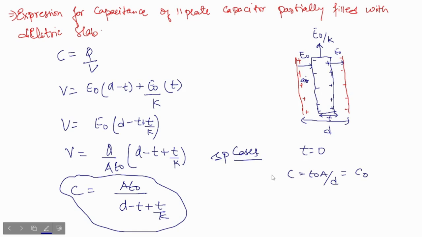If the entire space is filled with dielectric, that means t equals d, then your C will be k epsilon naught A by d. That means k times C naught, where C naught is the capacitance when the thickness is 0, meaning there is no dielectric.